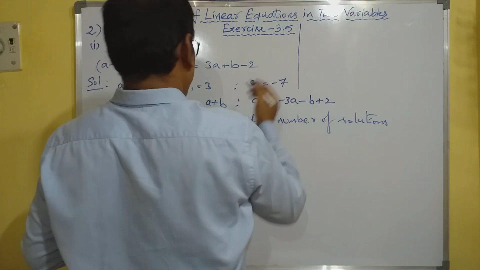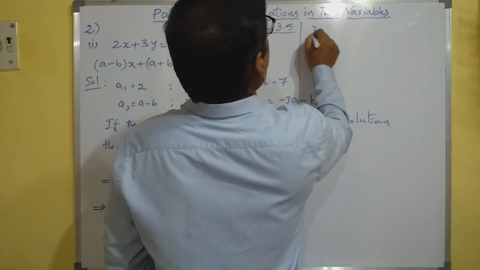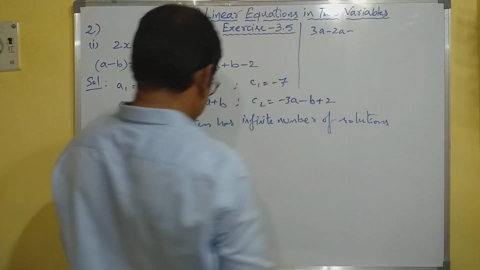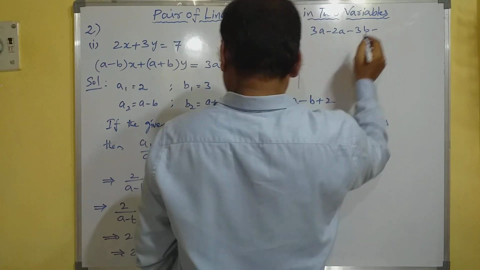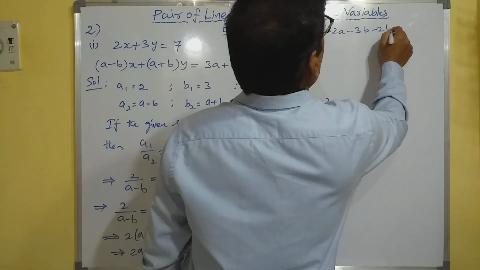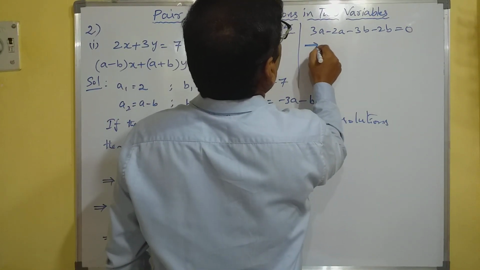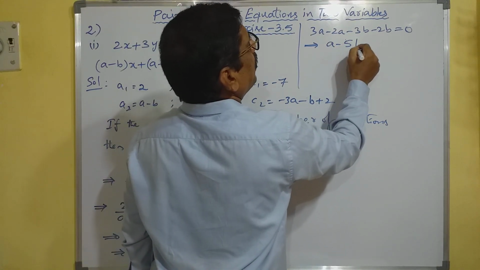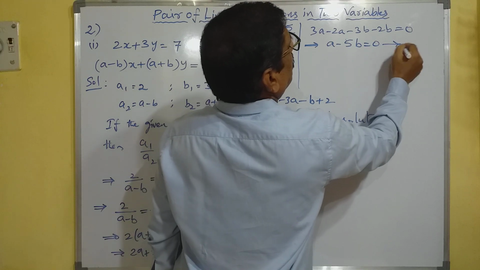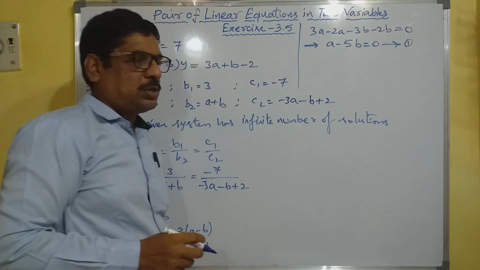Now, 3A minus 2A, and taking 2B to the RHS, we get minus 3B minus 2B is equal to 0. 3A minus 2A is A, minus 3B minus 2B is minus 5B is equal to 0. This is the equation we got.